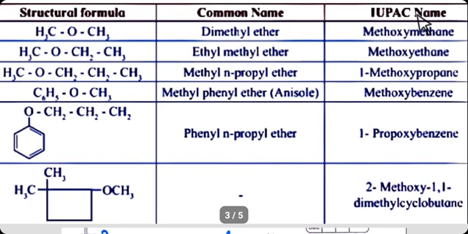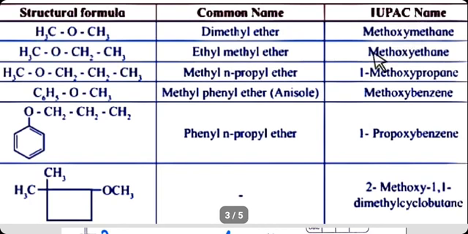OR means alkoxy group and OAR means aryloxy group. In mixed ether, the alkyl group containing the larger carbon chain is considered as the parent chain, and you can name the IUPAC name for ether as alkoxy alkane.